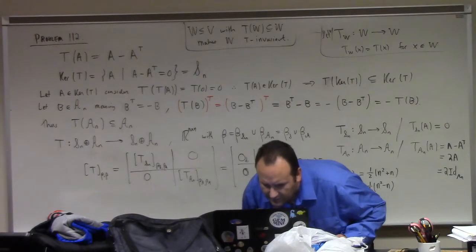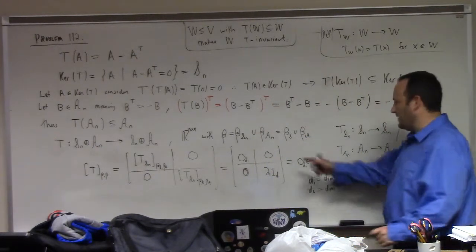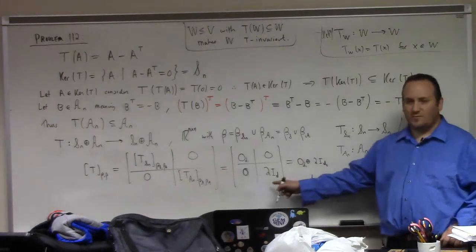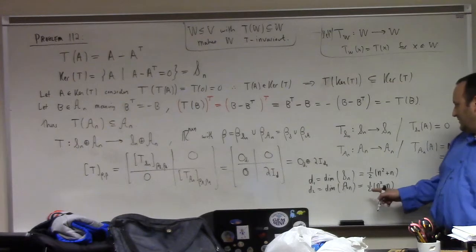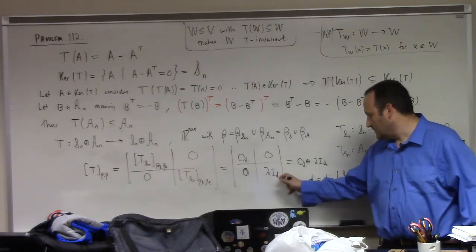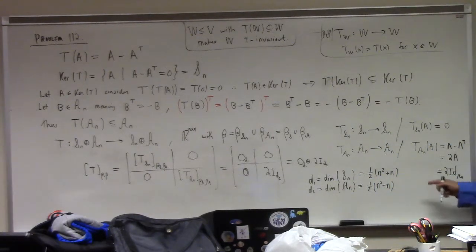The best answer would involve this, because that would tell you how big the blocks are. So the lower block is D2 by D2, where D2 is 1/2 of n squared minus n. And the 0, the upper left block, is bigger. It's the size of the symmetric matrices, 1/2 n squared plus n.